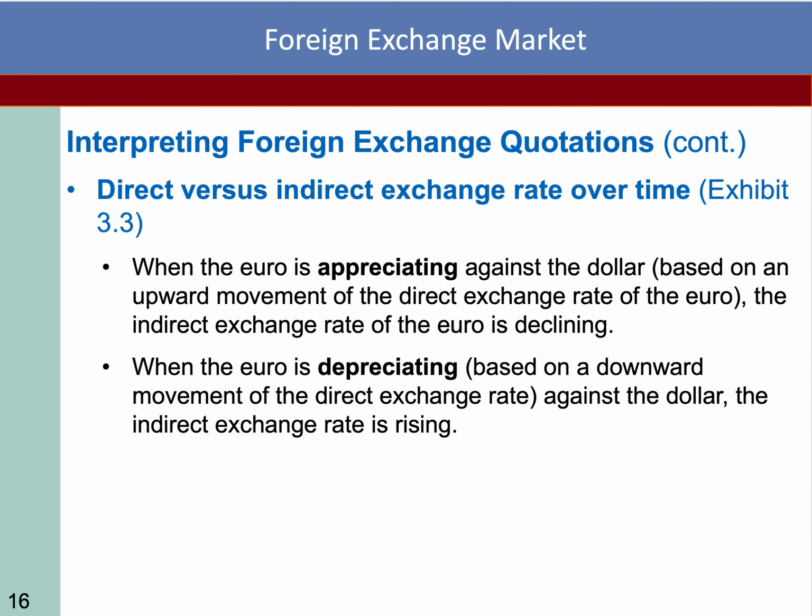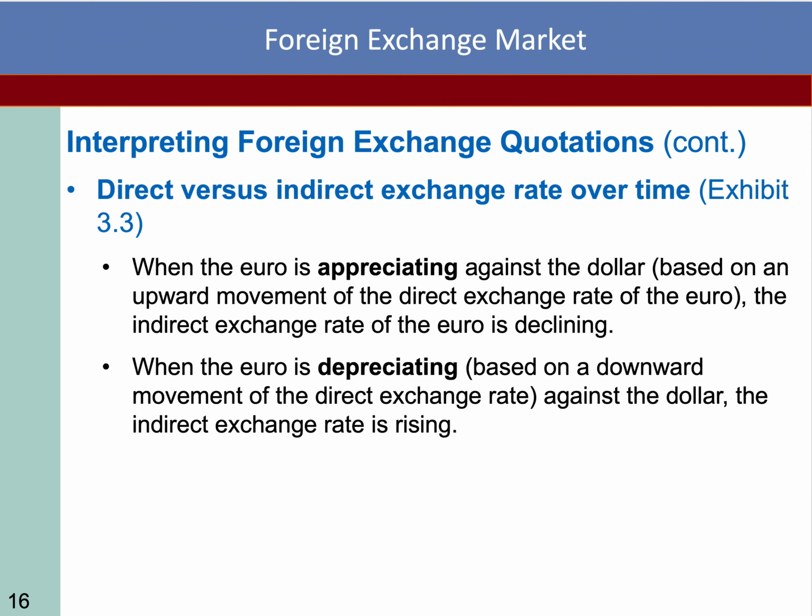And the direct quote versus indirect quote exchange rate over time sometimes will give you a very confusing picture if it's quoted indirectly. When we're talking about euro appreciating, that means euro in terms of dollars going up. When we say euro depreciating, downwards, that means it's going down.